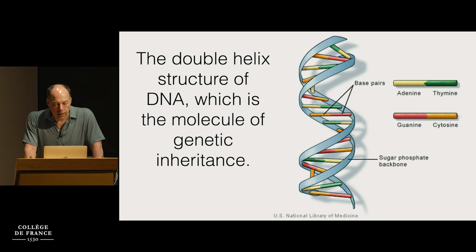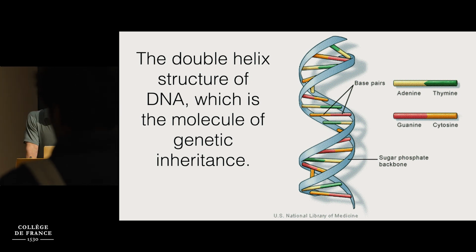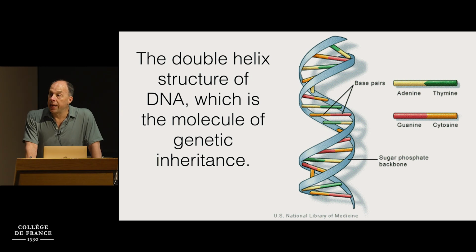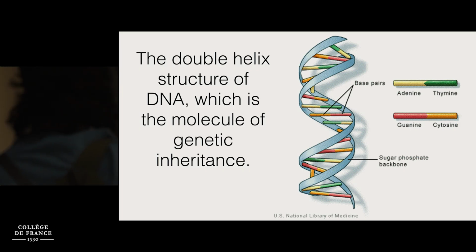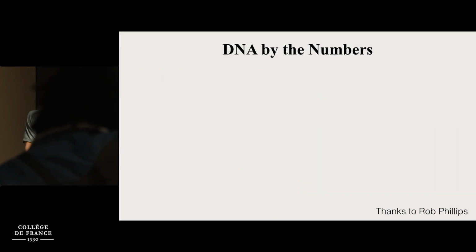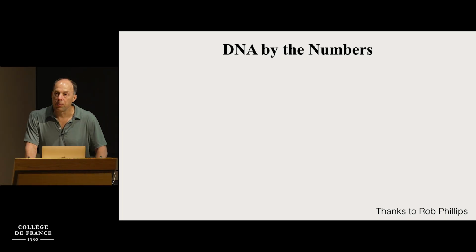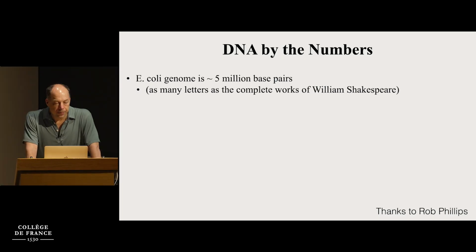It's remarkable that we now can read that out, and we've gotten very good at reading it out. So just to give you a sense of DNA by the numbers again, this time not the physical aspects of the molecule, but the informatic content of the molecule. It takes about 5 million of these chemical letters or base pairs to create the genome of a simple bacteria like E. coli.